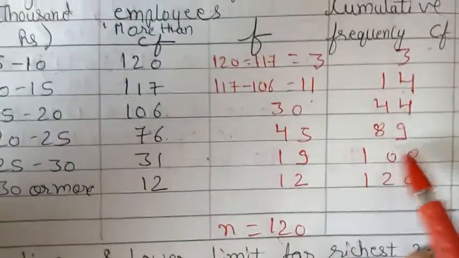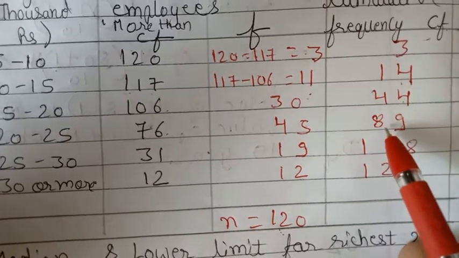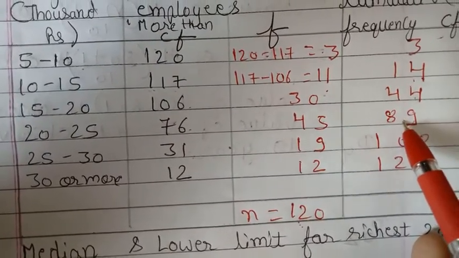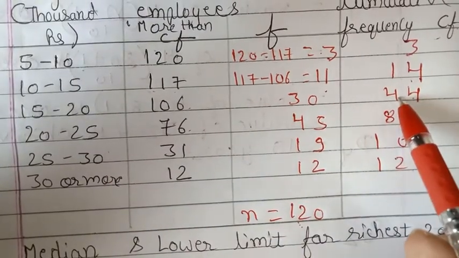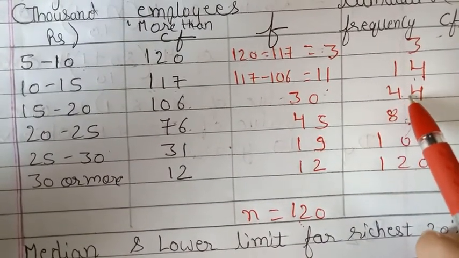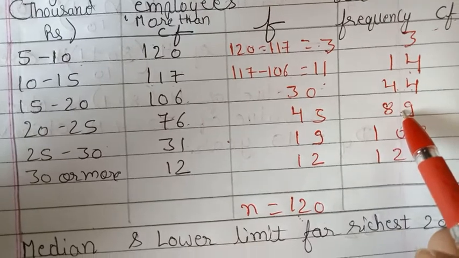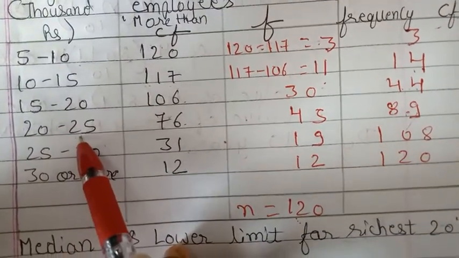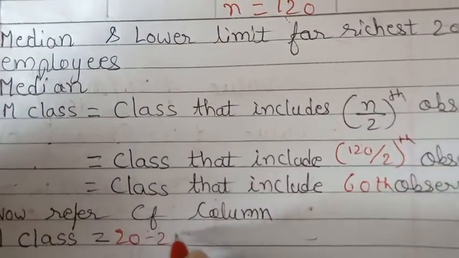So as you can see, 60th observation, it will come in which class? It will come in class 20 to 25, right? Say 44. So it will be less than or equal to 44. So 60 will get included in this one. So the class is 20 to 25. So our median class is 20 to 25.